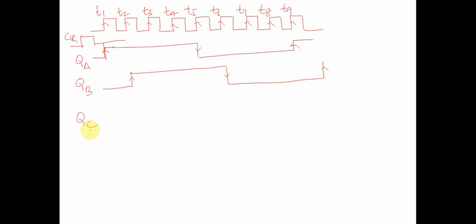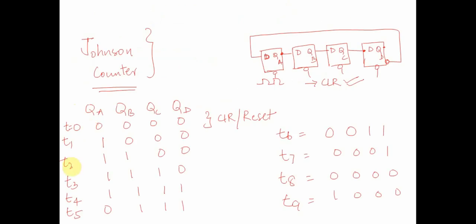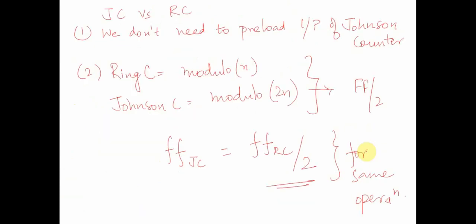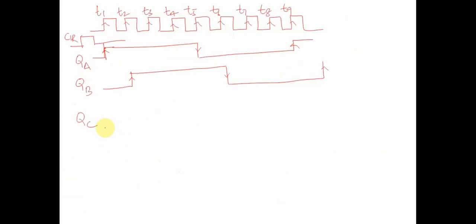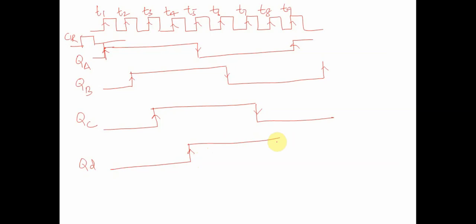QC similarly goes up at T3 and remains 1 till T7. Correct? QD goes high at T4 and comes back at T8.